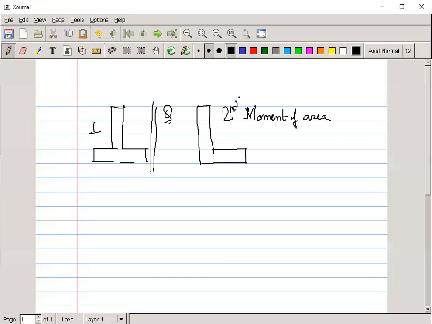So for the second moment of area of any L section, what we have to do first is take it as two different parts. The first one is this part. The second one is this part. Clear? Two parts are there.